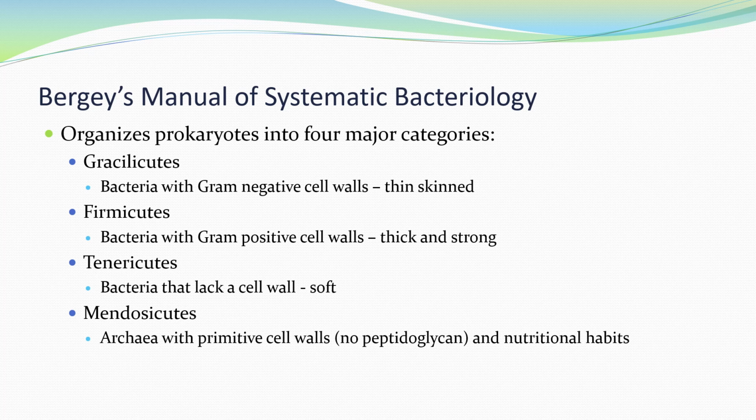So, when it comes to this last part of the words that I just gave you, cute means skin. You can think back to your A&P days, like subcutaneous, right? So it means skin.